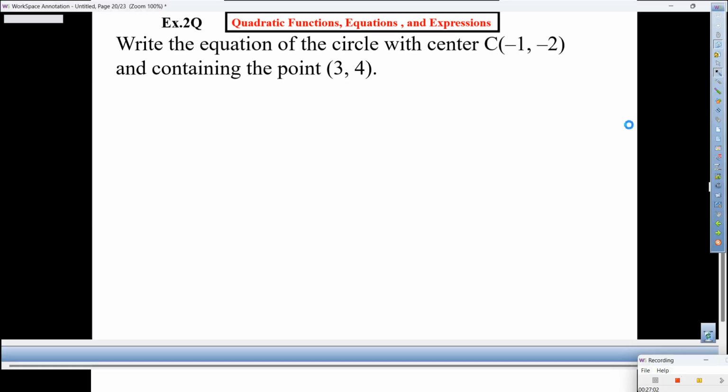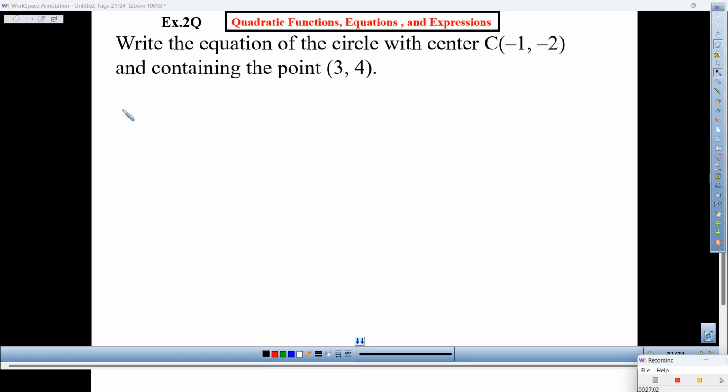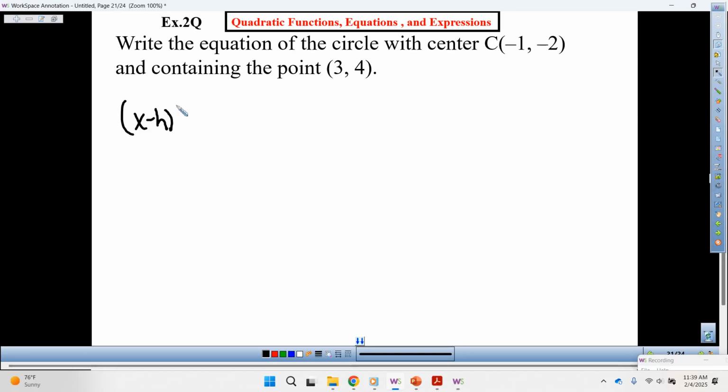All right, let's see. As you're working on that, I'm going to get it started. (x minus h) squared plus (y minus k) squared equals r squared. So from there we label. This is our h, this is our k, this is our x, this is our y. Yes?